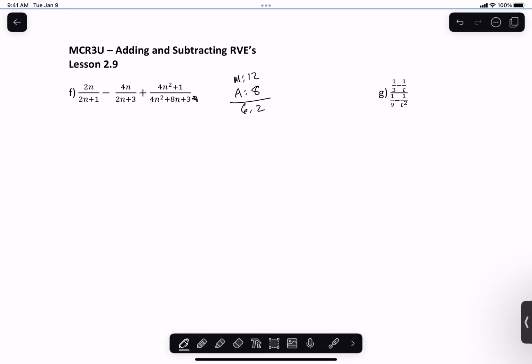Okay, so you're going to go, that's going to break into 4n squared plus 2n plus 6n plus 3, which is then going to factor to 2n, n plus 1. Sorry, 2n plus 1. And then I can factor out a 3, which is going to give me a 2n plus 1 again. Okay, and then I can factor out the 2n plus 1s.